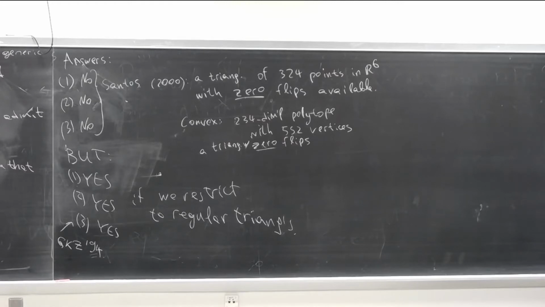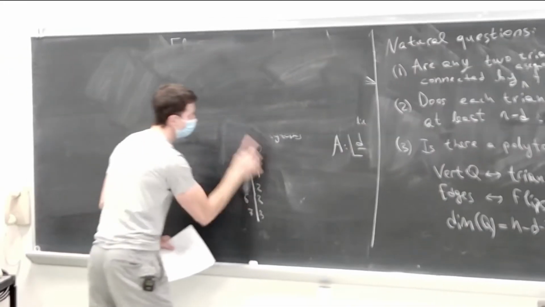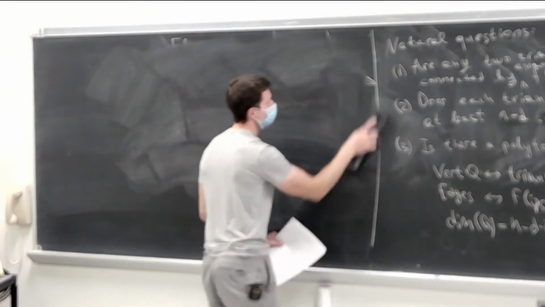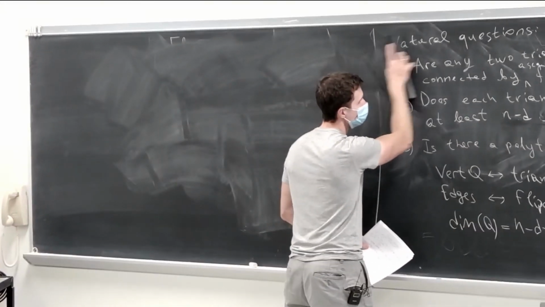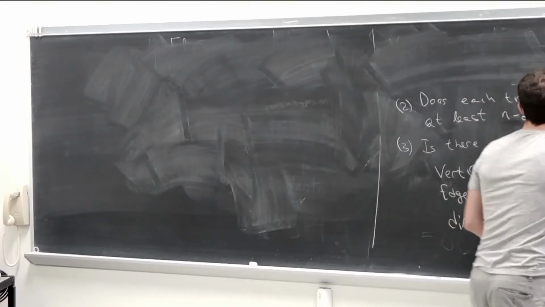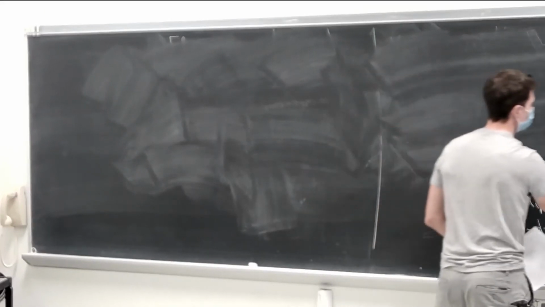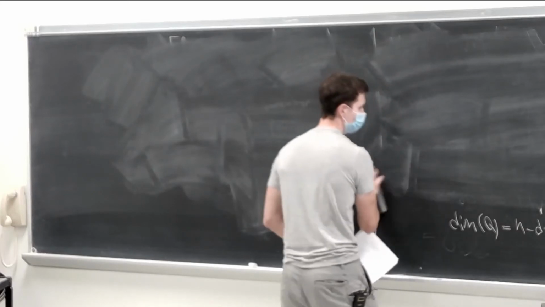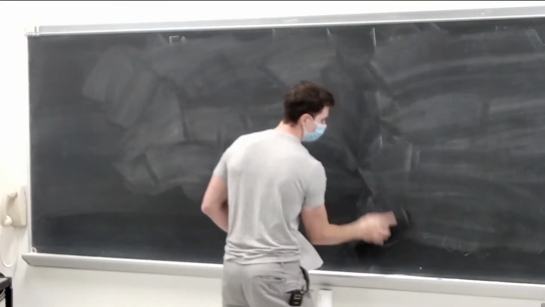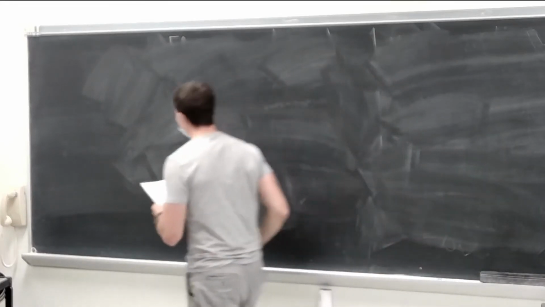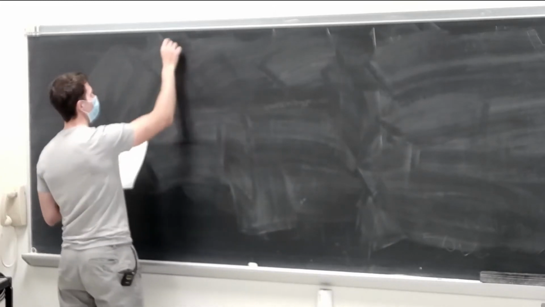Any set of points, somehow you get a polytope for any collection of points. That construction is called secondary polytopes.